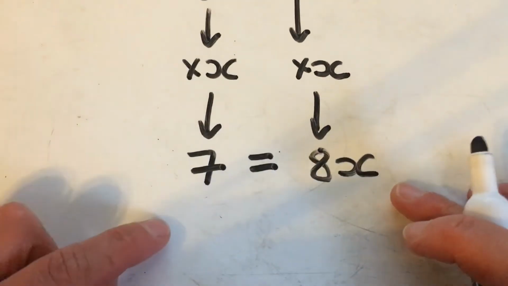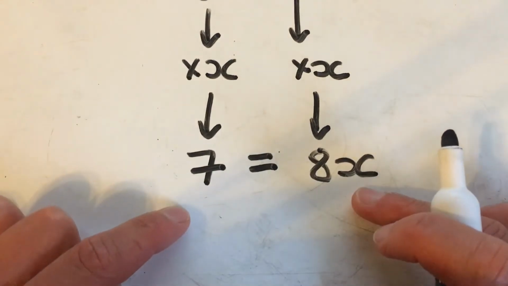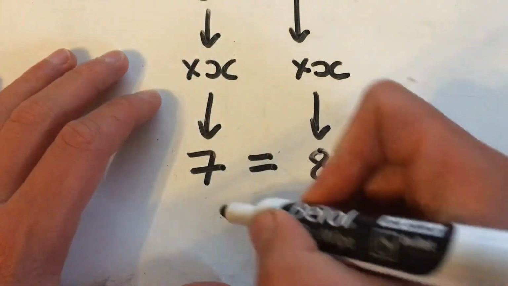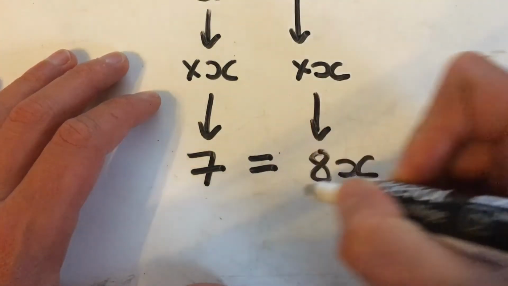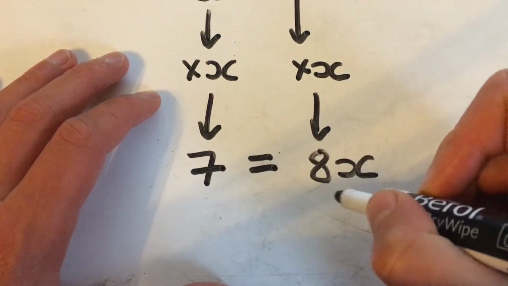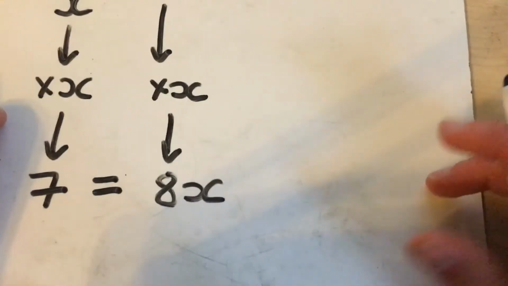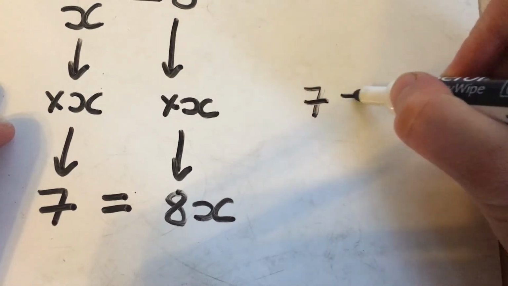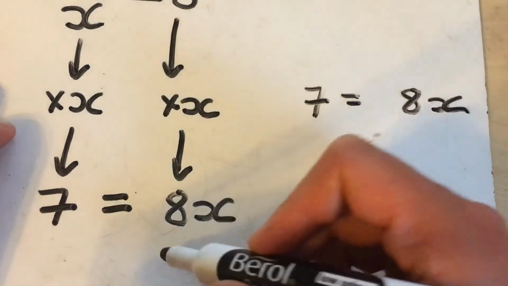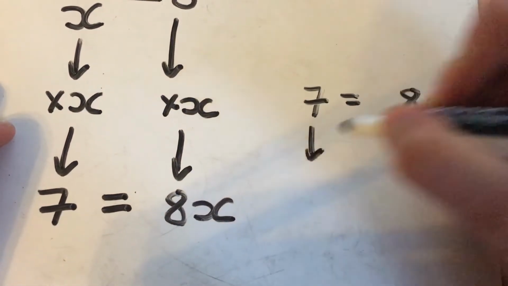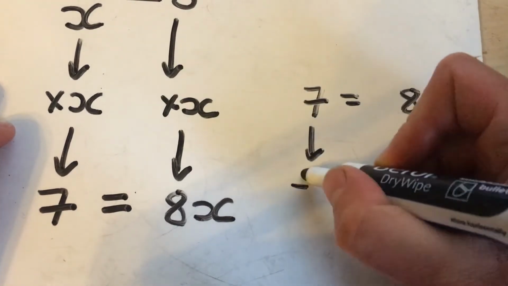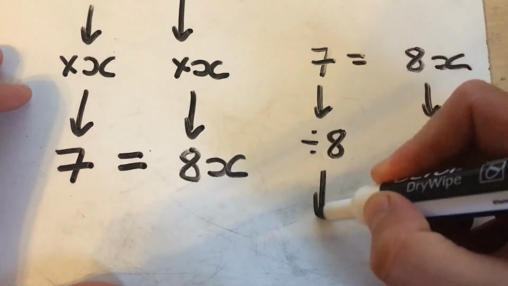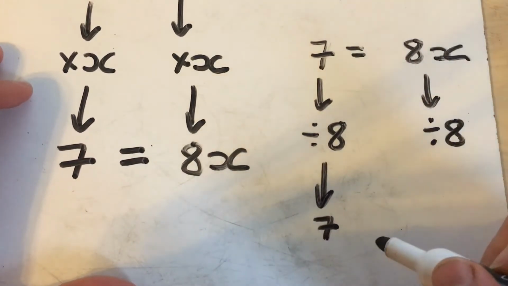Now, how do I solve this equation? 8 x's have the value of 7. So if I divide both sides by 8, that will tell me the value of 1 of the x's. I haven't got much space, I'm just going to do that here. So I've got 7 equals 8x to continue with this. If I divide both sides by 8, like I'm doing here, I get 7 divided by 8.